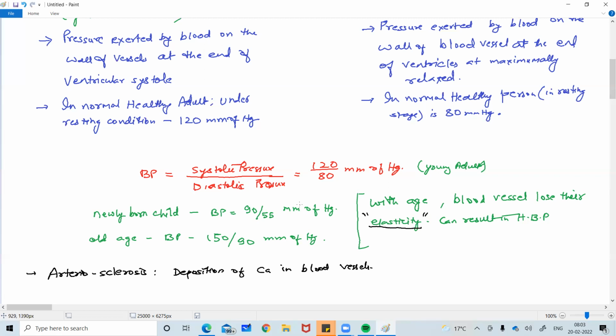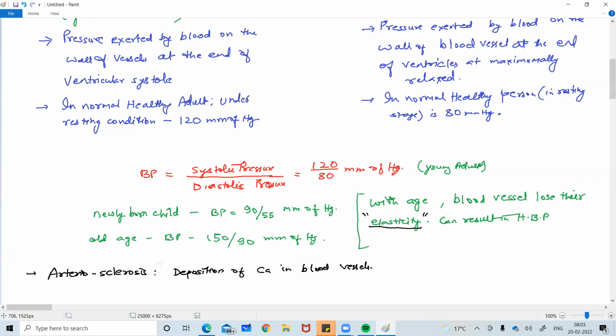When the blood is thin, like watery, the flow will be faster. Like if you throw water and you throw honey, which will go fast? Water will go fast. Honey is thick, so its flow will be disturbed.